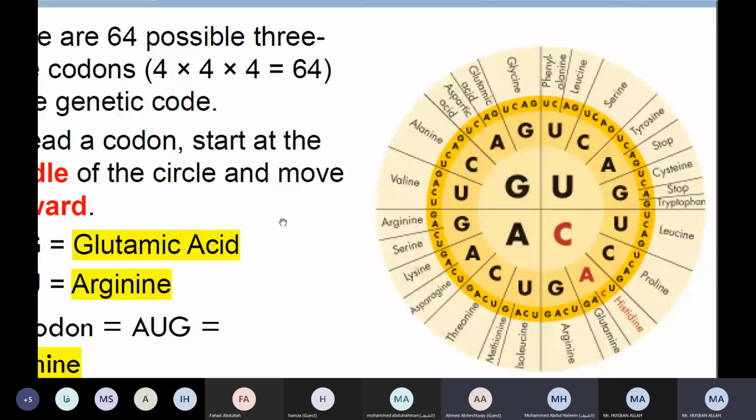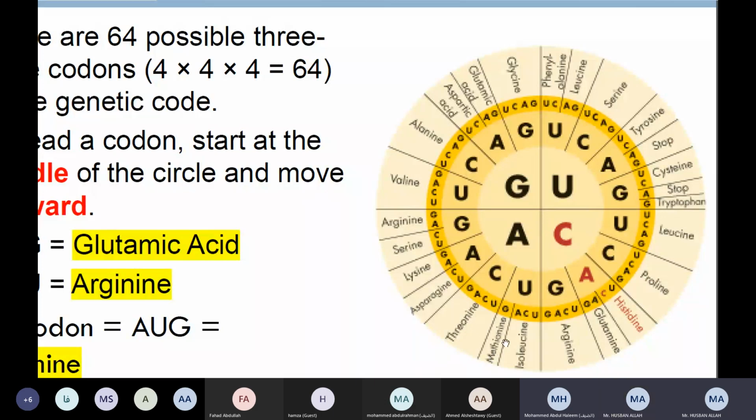AUG is the nitrogenous bases. AUG codes for which amino acid? You have the diagram on the screen, you can find it easily. No, it's not about the C. You have to find A, then you have to look for U, then you have to look for G. So AUG codes for which amino acid? What is this?